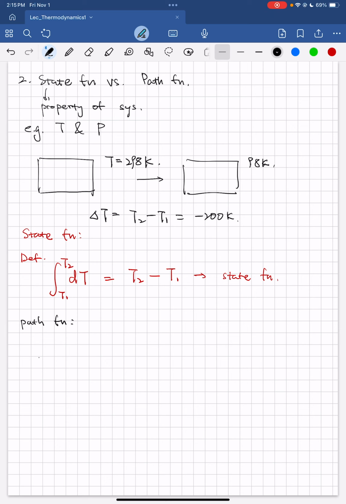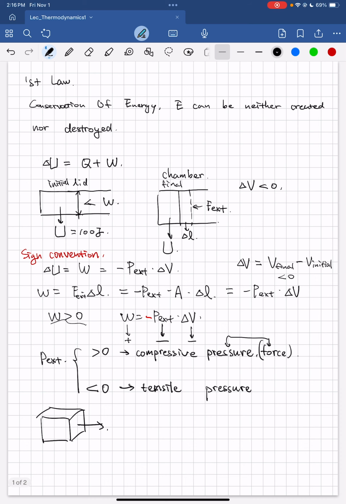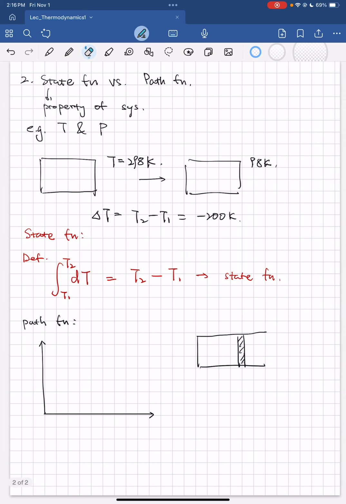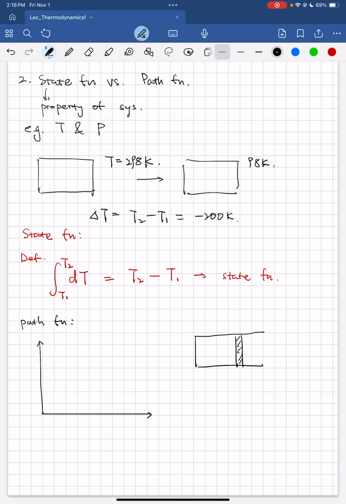So let's say there is this piston. This is the lid. Back to this example again. When we push it, we use external pressure.